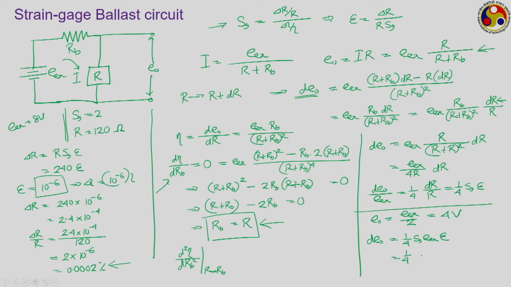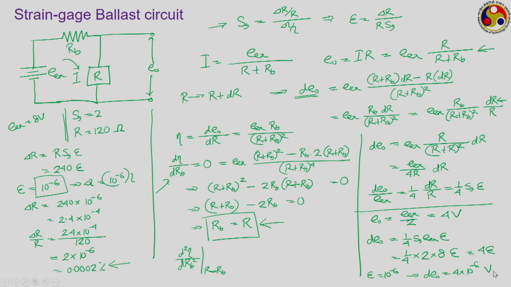So, 1 by 4 into S_g is 2, into 8 epsilon, that is finally 4 epsilon. So, when your epsilon is equal to 10 to the power minus 6, the corresponding change in voltage is just 4 into 10 to the power minus 6 volt.